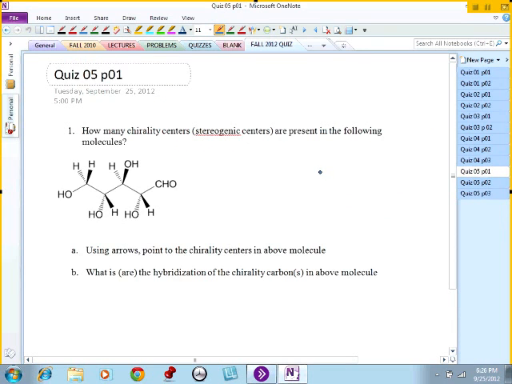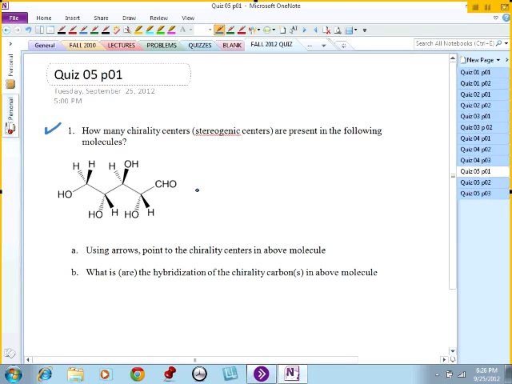Okay, Maya, can you go ahead and read it for us? Number one, how many diastereomers are present in the following molecules? A, use arrows to point to the chirality centers in the above molecules. B, what is or are the hybridization of the chirality carbon or carbons in the above molecules?